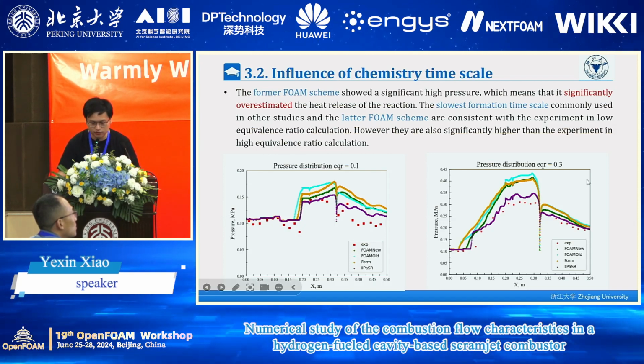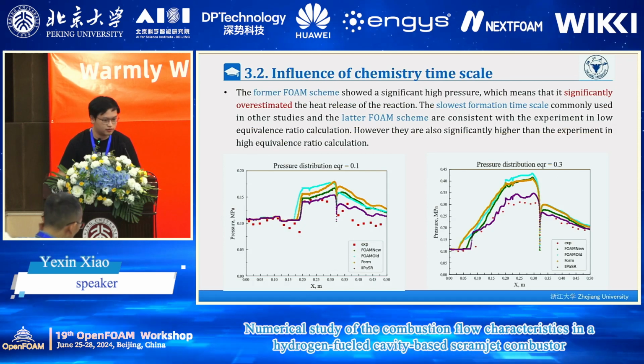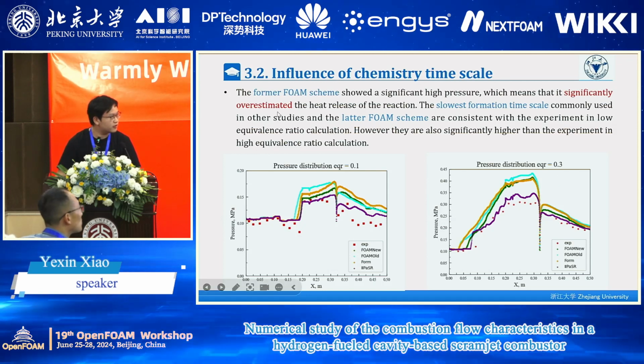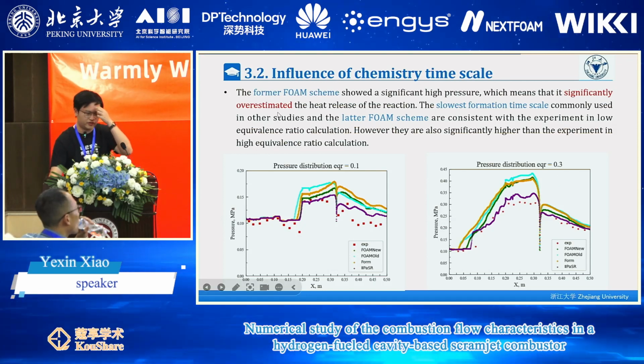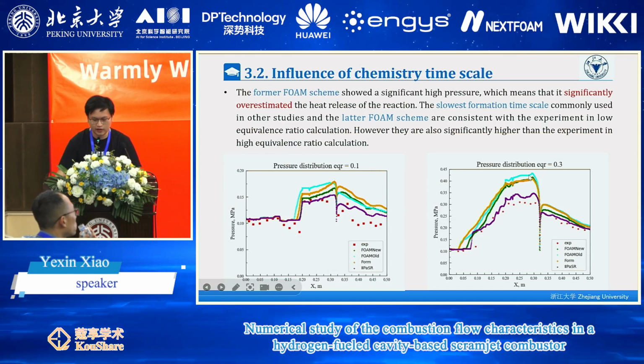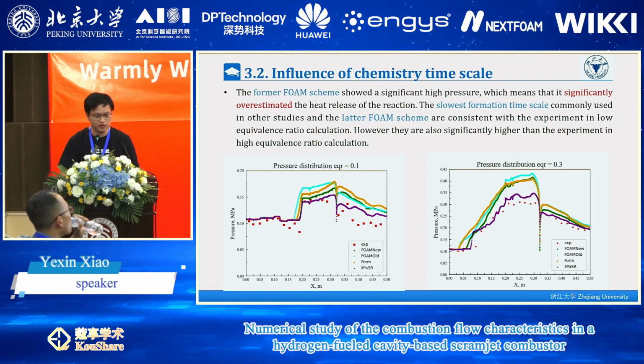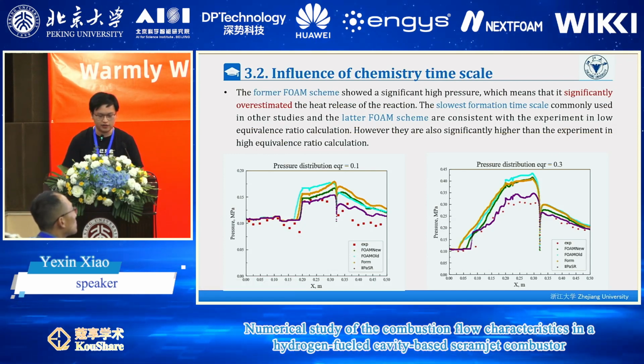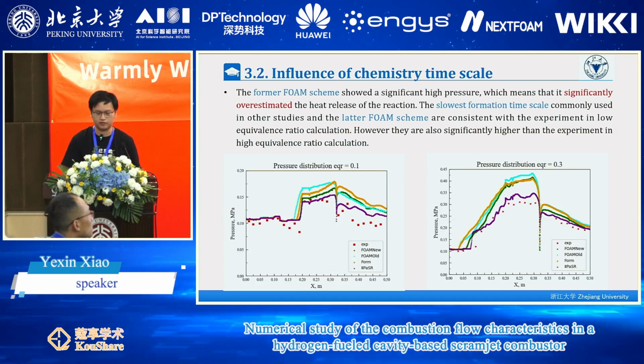And when it comes to a high EQR case, the former form scheme showed a significantly high pressure here, which means that it significantly overestimated the heat release of the reaction.